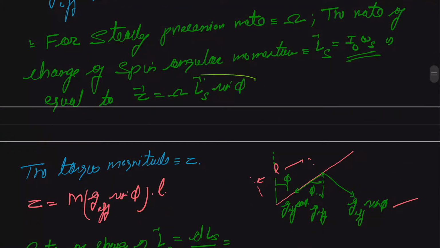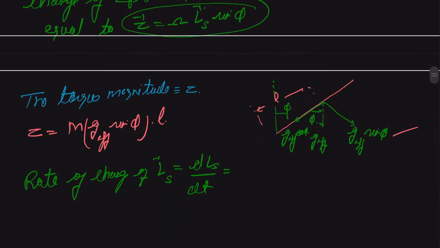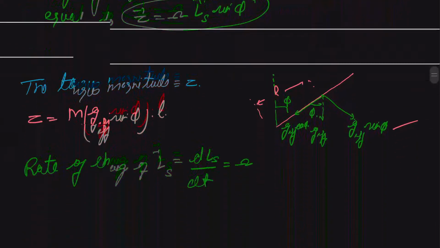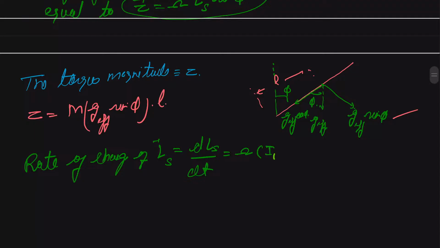So this comes as omega times Ls, which is I naught omega s, and we have this as a sine of phi, which is nothing but our torque. Okay.